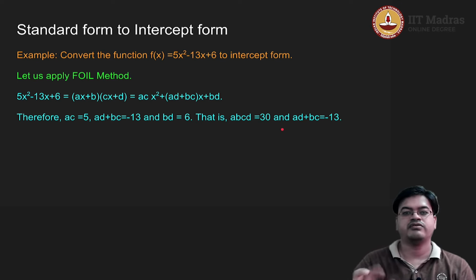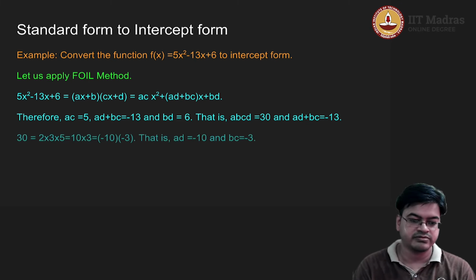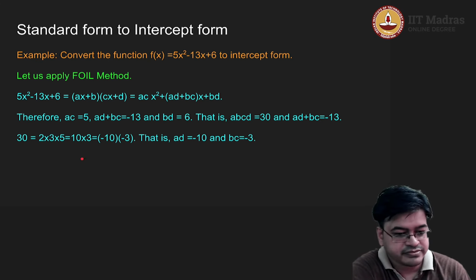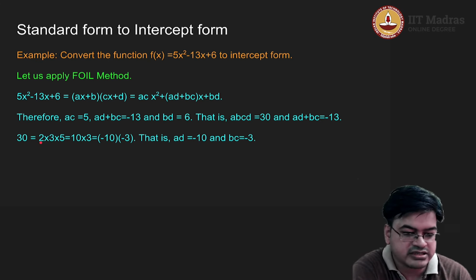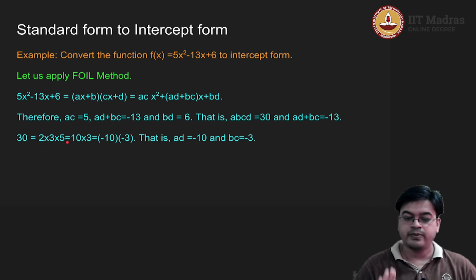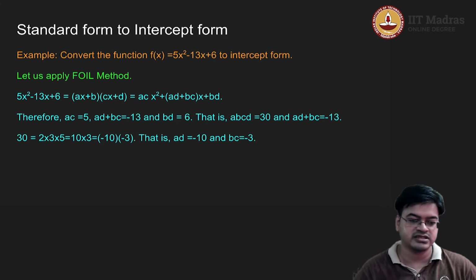For that I will use the prime factorization theorem that was introduced in week 1. So if you look at this expression 30, I will get prime factors as 2 into 3 into 5. Now I want the product to be equal to 30 and I want the sum to be equal to minus 13.